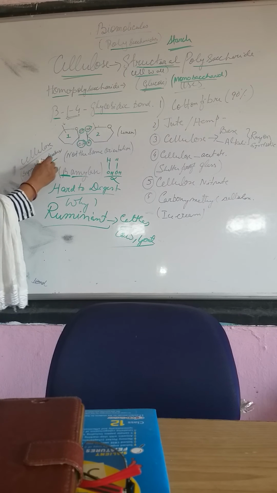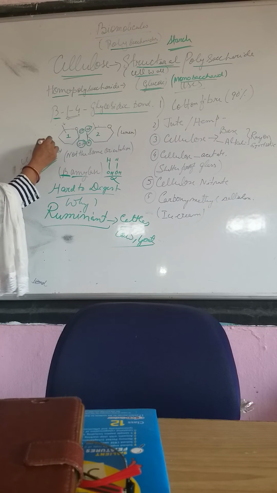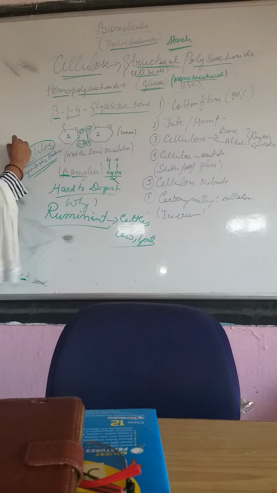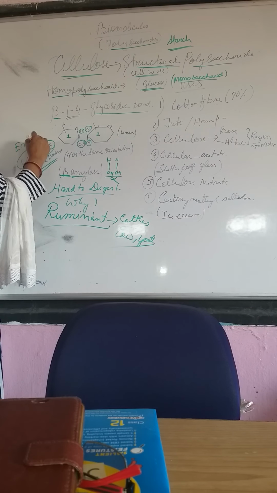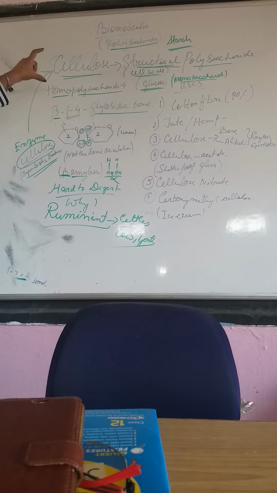They have symbiotic bacteria within their gut, and these symbiotic bacteria secrete cellulase, and this cellulase is an enzyme to digest the cellulose. So this is because of the structural difference.